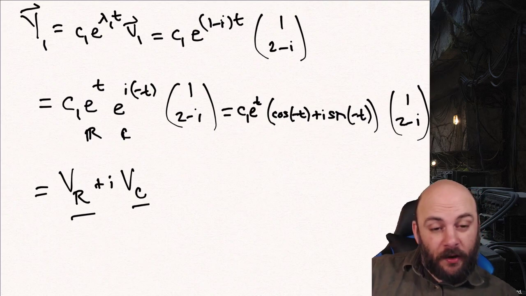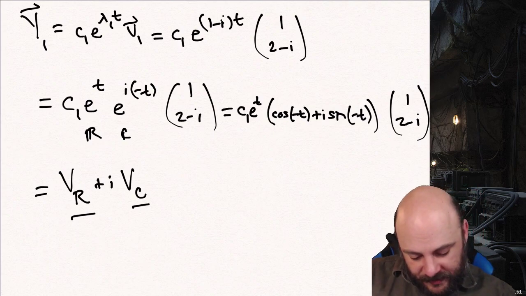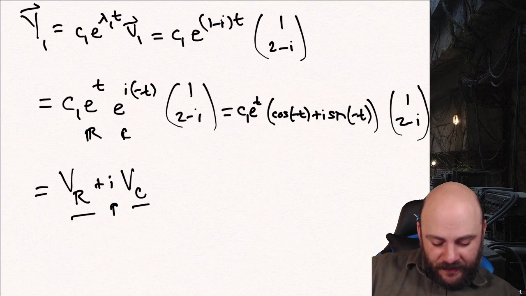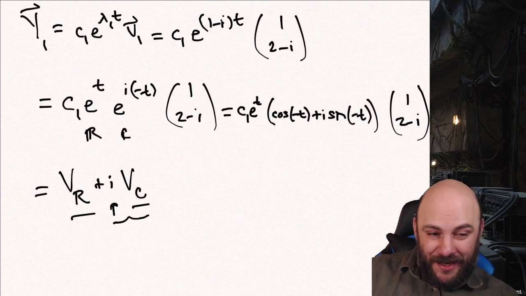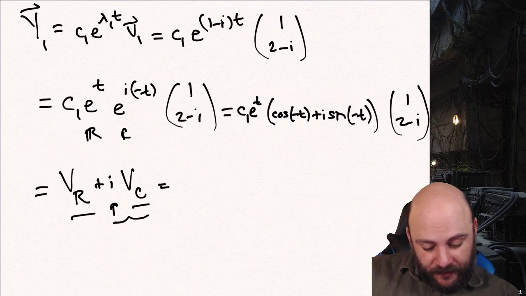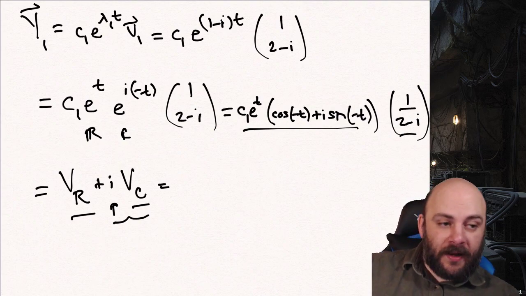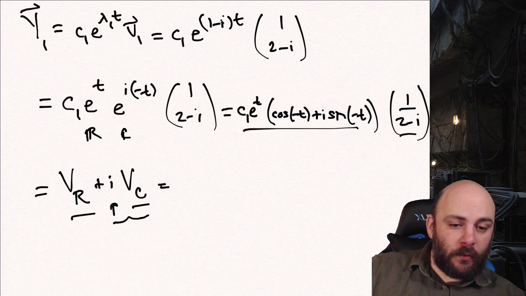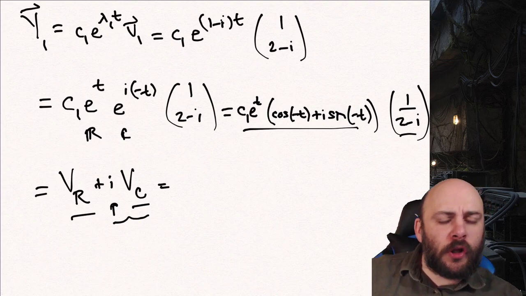And then VC, all the elements in it are going to be real, but since it's multiplied by i, VC captures all the imaginary parts of this solution. So breaking this up, I'm going to take this term and multiply it by both the top and the bottom.